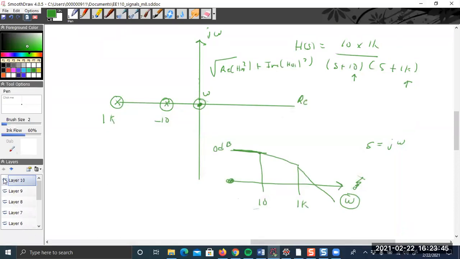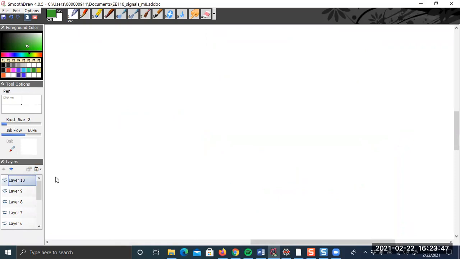So if I had S plus 10 and then S plus 100, well, now I have a root at minus 10, but basically something's going to happen at 10 and something's going to happen at 100, right?